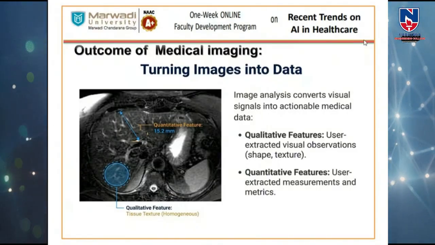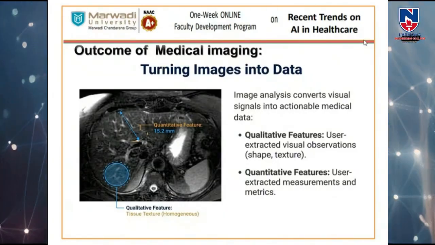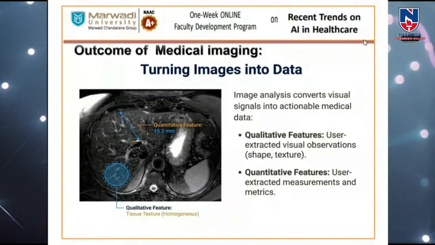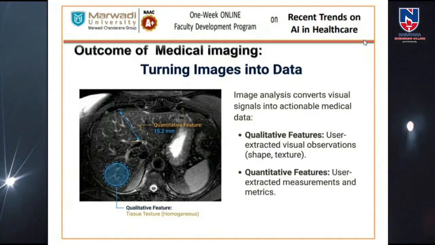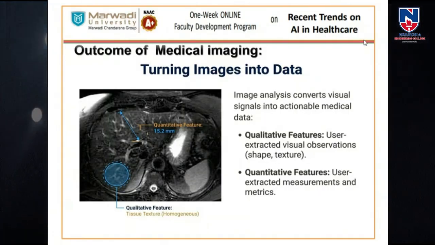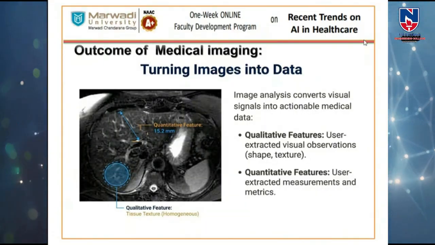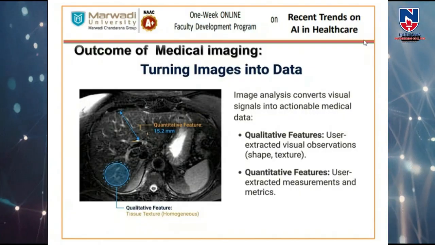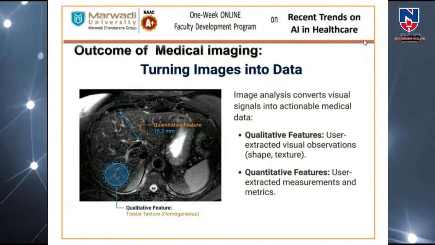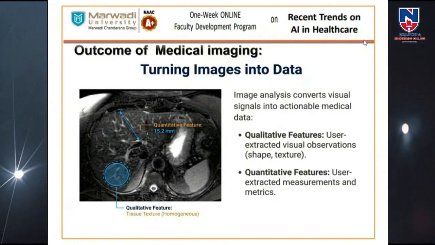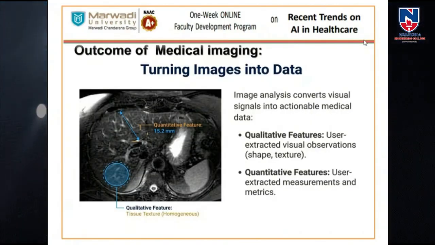By studying the information, we are able to diagnose the disease, like the signals. That means the image should be converted into qualitative features, like shape or texture, and quantitative features, like the amount or quantity.